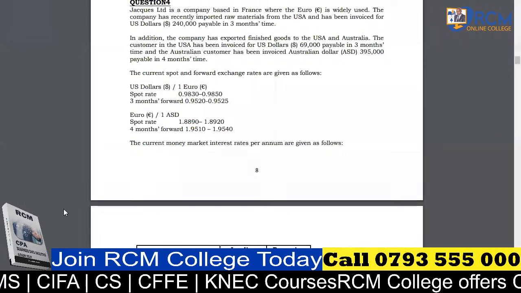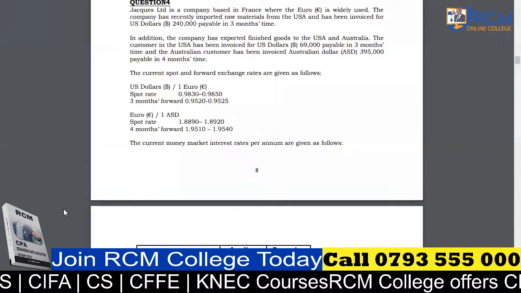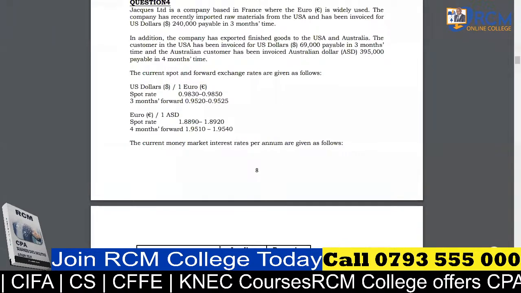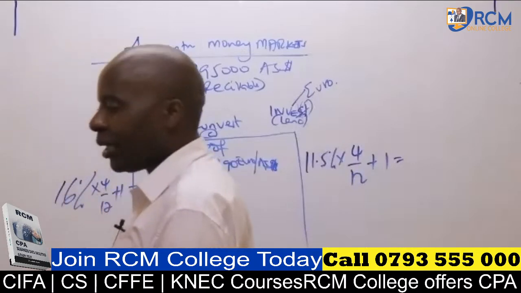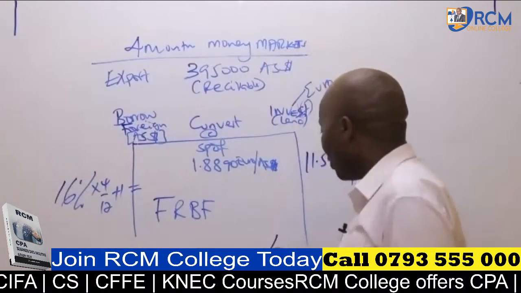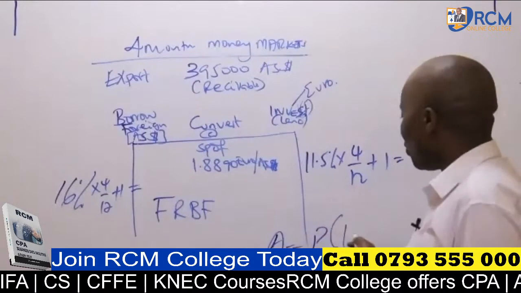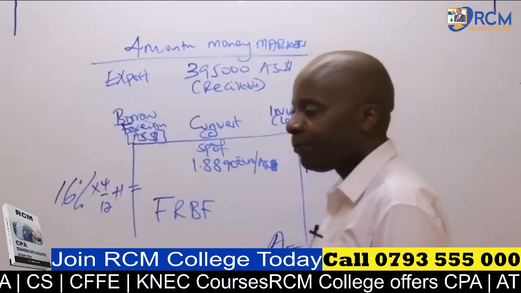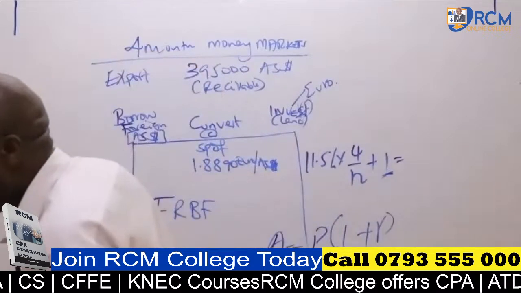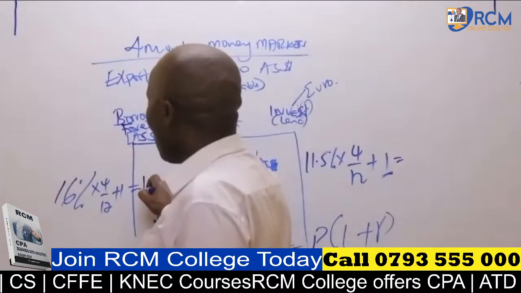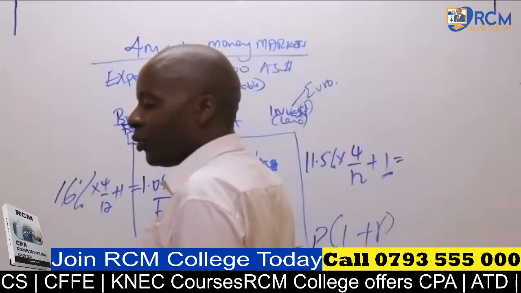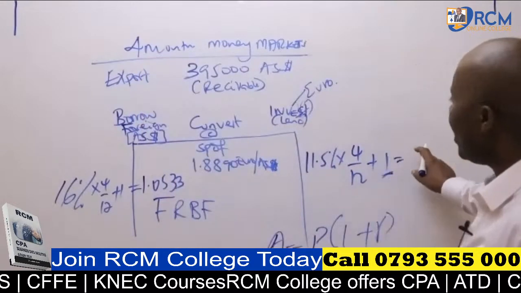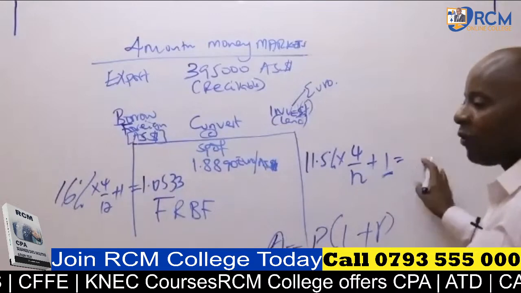Nasema plus 1 because of the compounding and the discounting, ladies and gentlemen, remember that our amount, if you can remember from primary school, principal into 1 plus, this 1 is for compounding or discounting. 1.0533. Great. Unakuja hapa je, hii pande ingine je, times 4 over 12 plus 1.